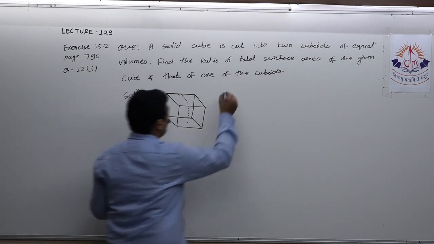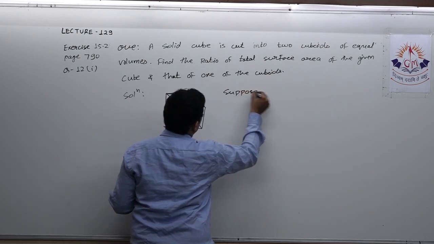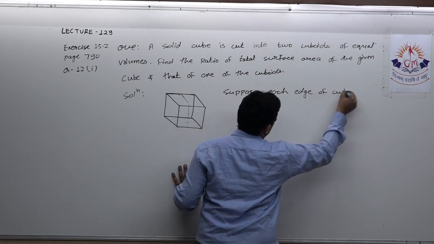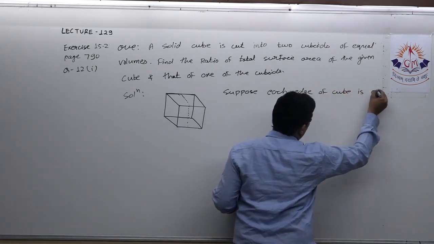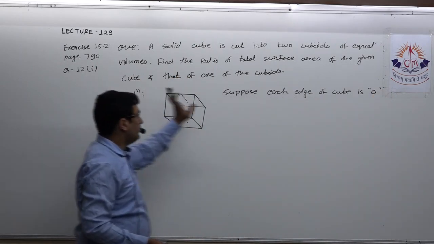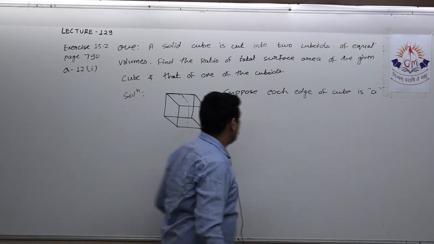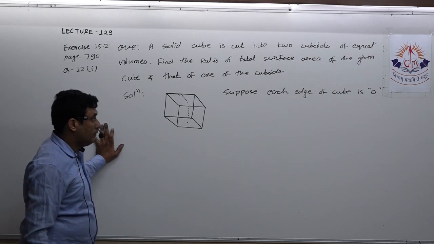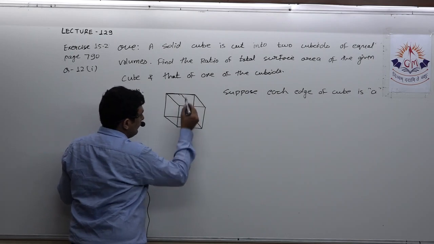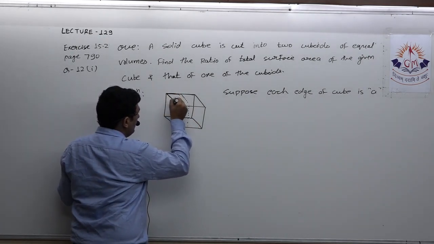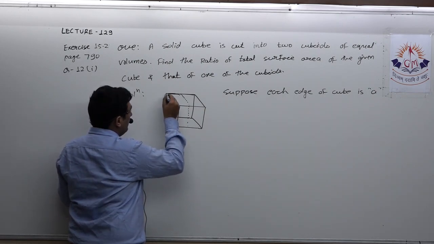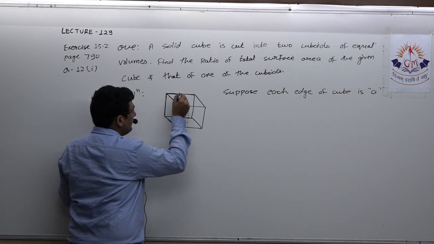Suppose each edge of the cube is A. We have to find the ratio of the total surface area of the cube. As the edge is A, it will be 6A square directly. Now to get the total surface area of the cuboid, we must have its length, breadth and height. When we cut into two equal parts, two of its dimensions are going to be the same. That means this B will remain A only, this H will remain A only, and the length will become half of A.